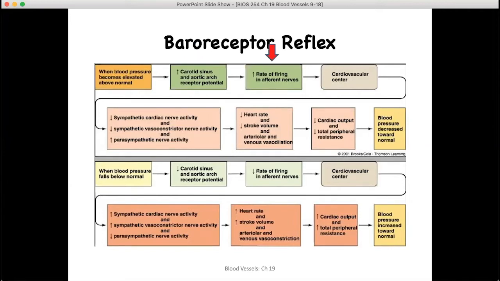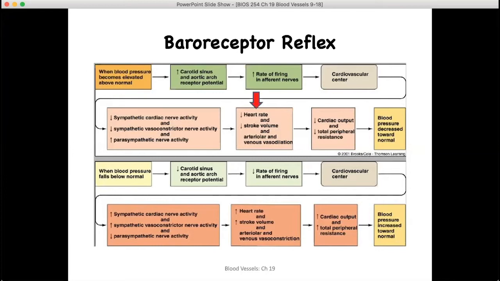That information will be sent by way of the afferent nerves to the cardiovascular center. Remember, blood pressure is elevated. So what we'll need to do is decrease sympathetic input to the SA and the AV nodes, as well as the myocardium, and decrease sympathetic input to the blood vessels. In addition, we're going to increase parasympathetic input to the SA and the AV nodes.